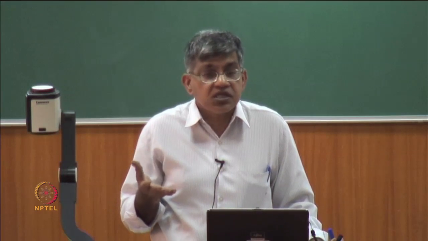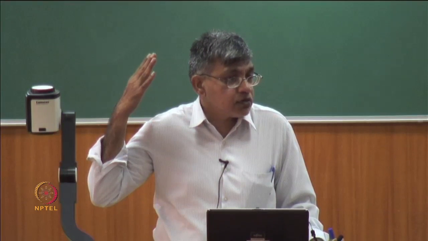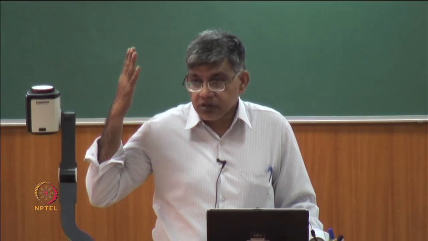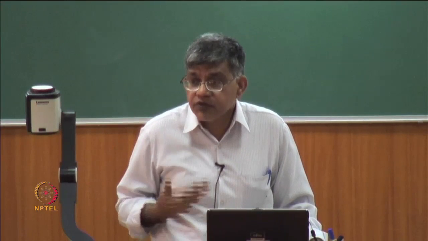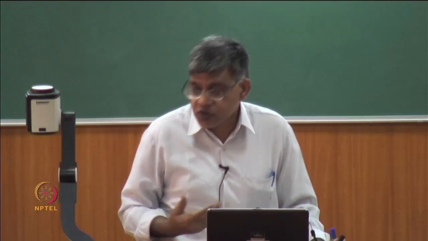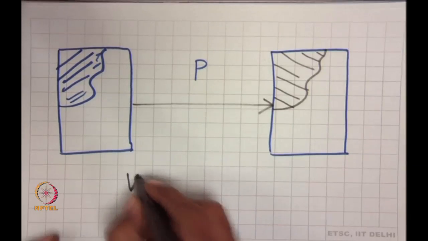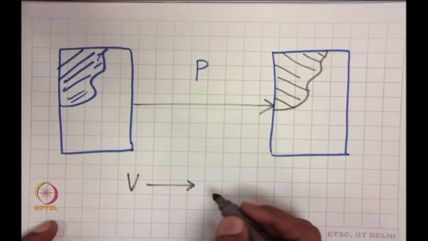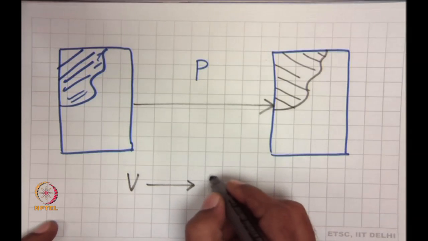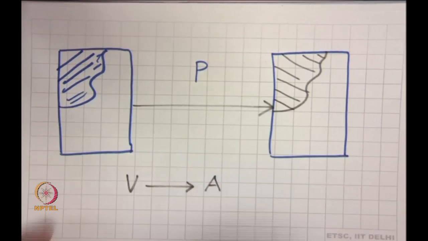valuation in the same sense in which we defined the semantics of terms in first order logic. We had a valuation which was essentially the set of variables arrow some values in their domain. So, it is essentially a variable to value mapping, right.